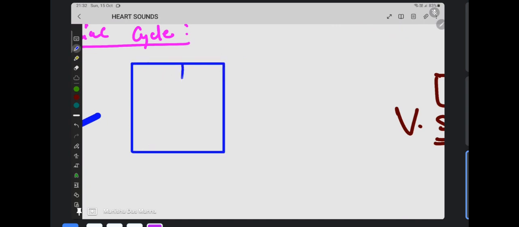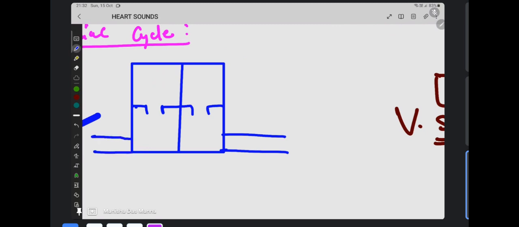Once again, look at this. What happens first in this first diagram? Normally blood is coming from the atria into the ventricle.